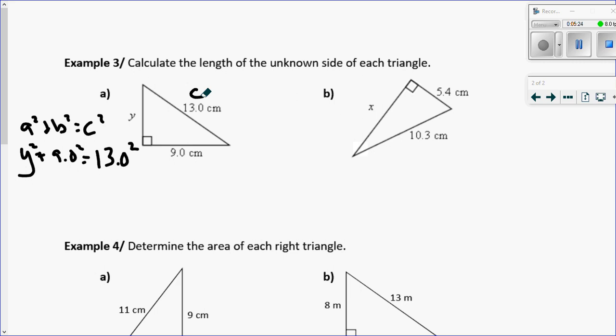Notice, this is the side across, it's the longest side, so it's C. You don't move the variables around to make it easy to solve. You put the variables in where they're supposed to go and then solve.